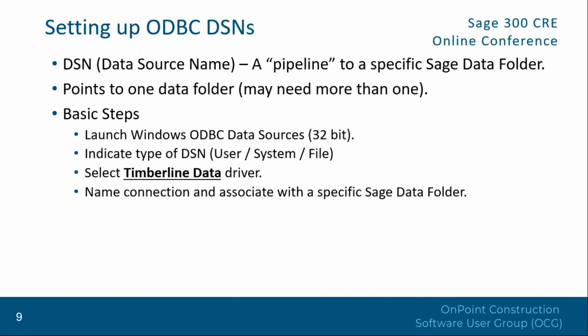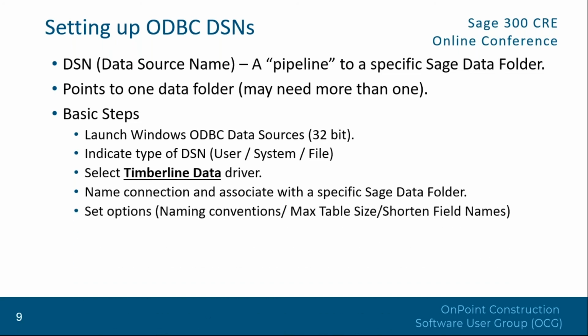We're going to have to tell it some naming conventions, how we want the table names to appear when we use them in the application that's requesting data. And we have to actually point it to a specific Sage data folder.